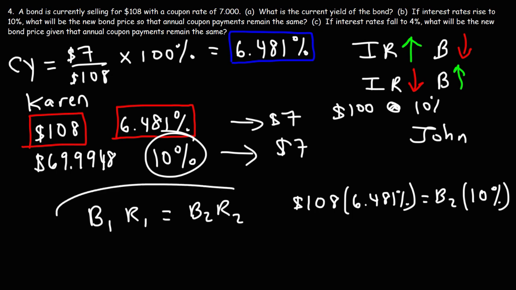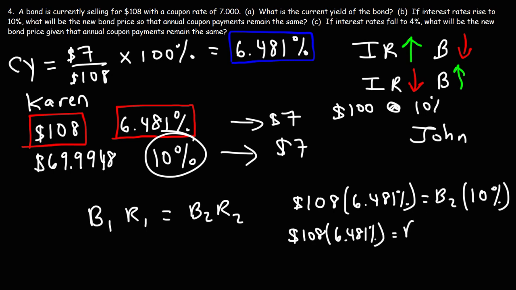So let's use this formula again. B1 is going to be 108, and R1 is going to stay the same, 6.481%. Now we're calculating B2 again, and the new interest rate is 4%. So B2 is going to be 108 times 6.481 divided by 4.